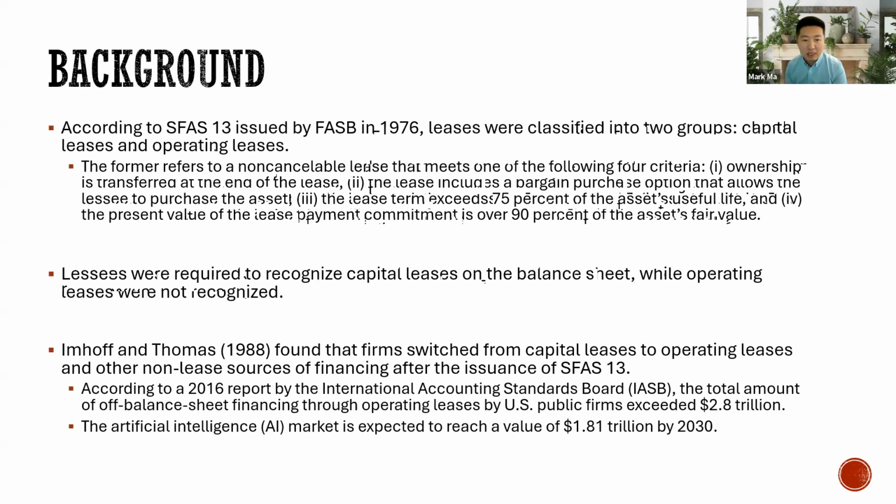In 2016, an IASB report estimated that the total amount of off-balance sheet financing through operating leases by U.S. public firms exceeded $2.8 trillion. To put this number in context, everyone talks about AI nowadays, and the AI market is expected to reach a value of 1.8 trillion by 2030. So the market for operating leases was much bigger than the AI market.